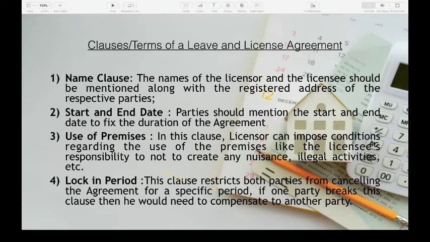If any one of them breaks the agreement or decides to not go ahead with the leave and license according to its terms, they have to pay a penalty or fee which is a hefty amount, and at times the licensee will not get back the security deposit which is deposited with the licensor.